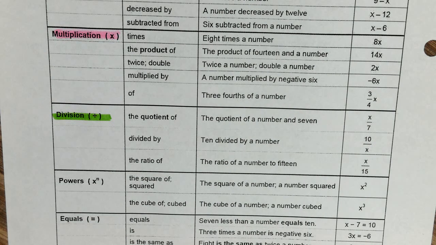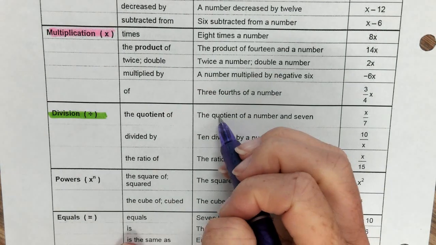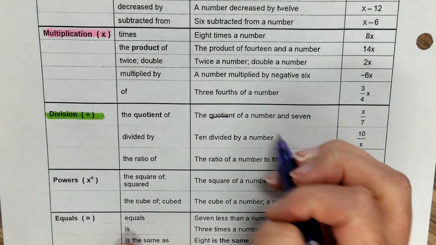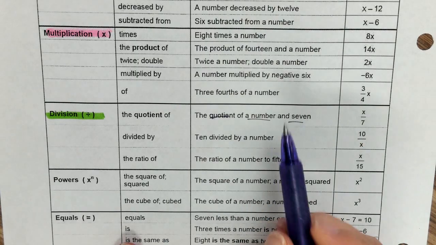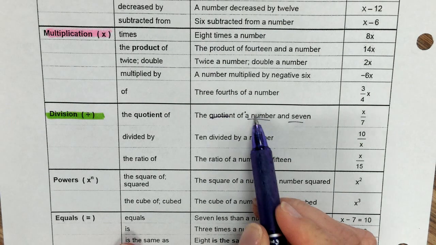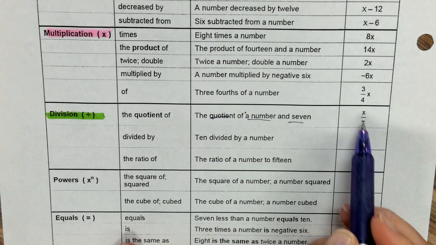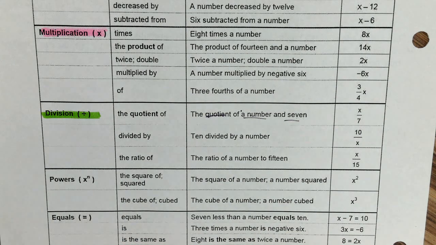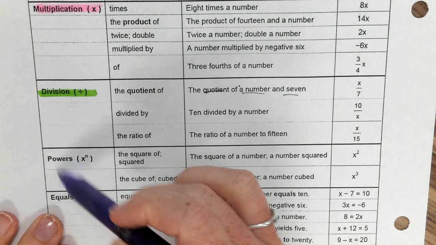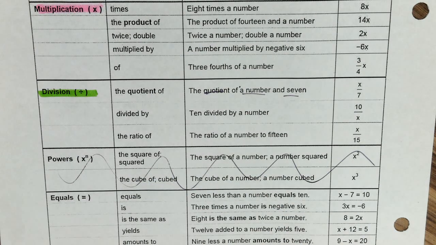Yes? So if I said the quotient, that means divide, of a number and 7, a number would be first, so x divided by 7, x over 7. So you do go left to right. The number on the left goes on top. Yes? You will not be doing this in 7th grade.